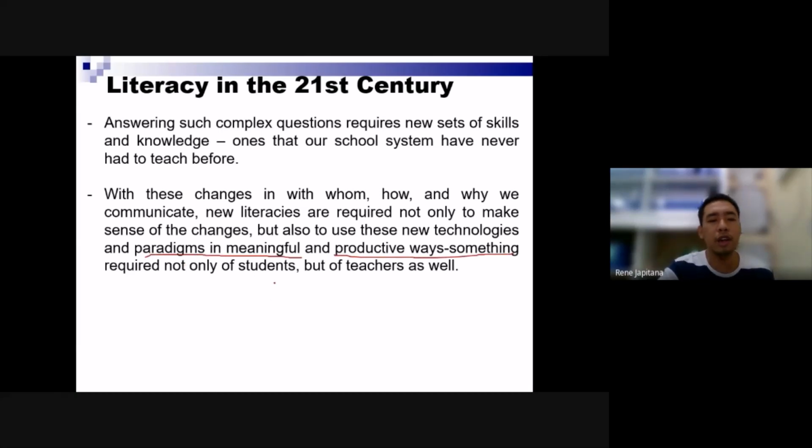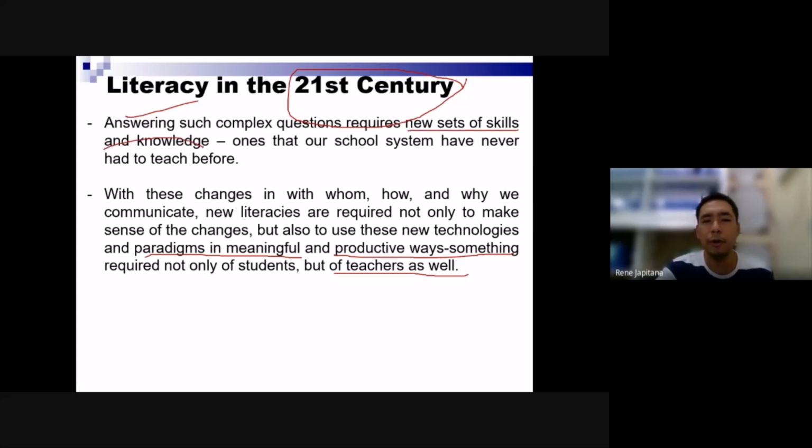Something required not only of students but teachers as well. So you, as a student, at the same time a future teacher, you should bear in your mind the 21st century literacy. Because these 21st century literacies are what we call the new sets of skills and knowledge.